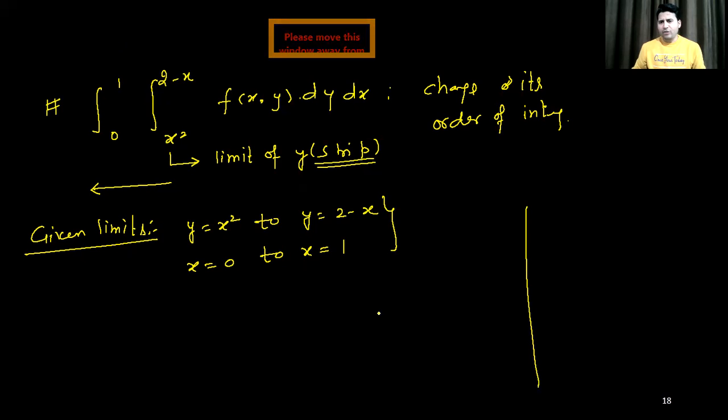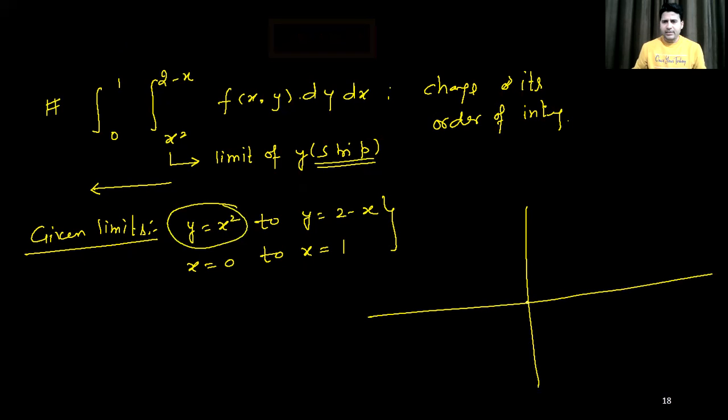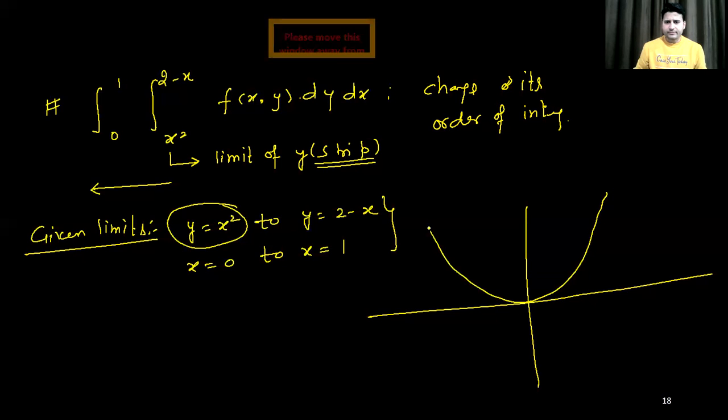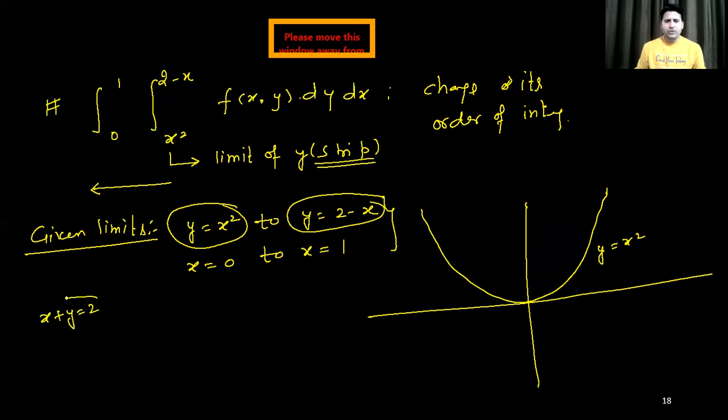You can see one of them is a parabola on the positive y-axis, x square equal to y. So this will look something like this. A parabola on the positive y-axis, its equation is y equals x square. Another equation we have is y equal to 2 minus x, which is x plus y equal to 2.